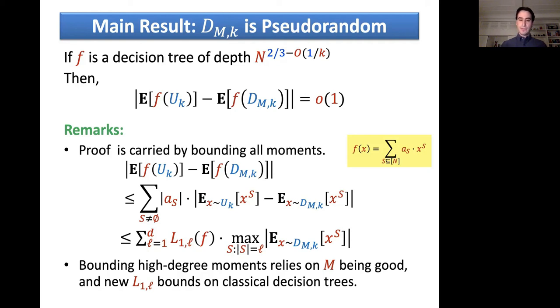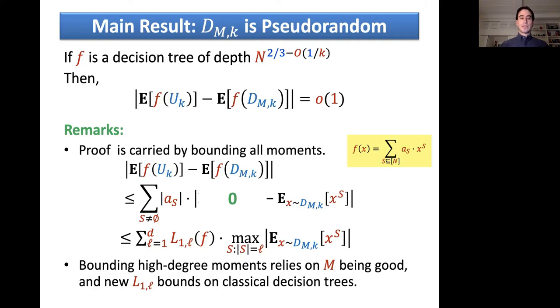You can further simplify, since the expectation under the uniform distribution is 0 for all monomials except for the empty monomial. And this brings us to the third line, which can be achieved by just gathering all sets according to their degree.